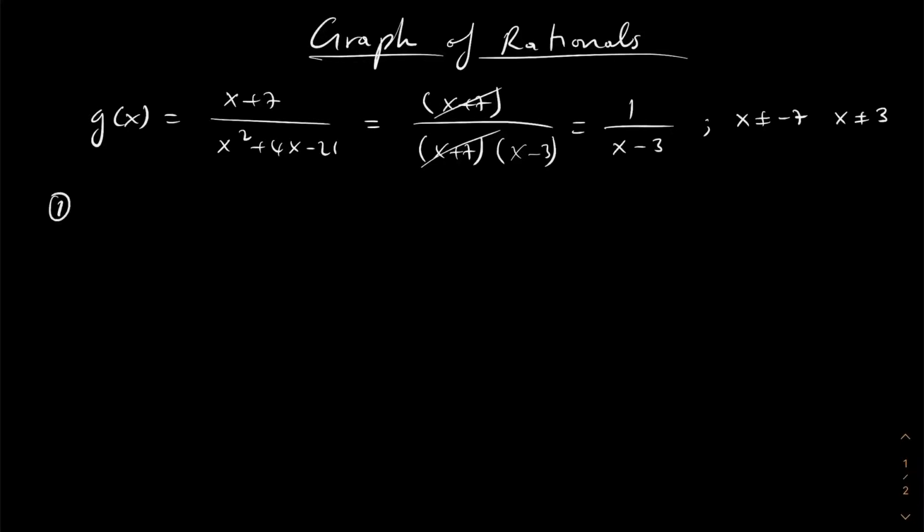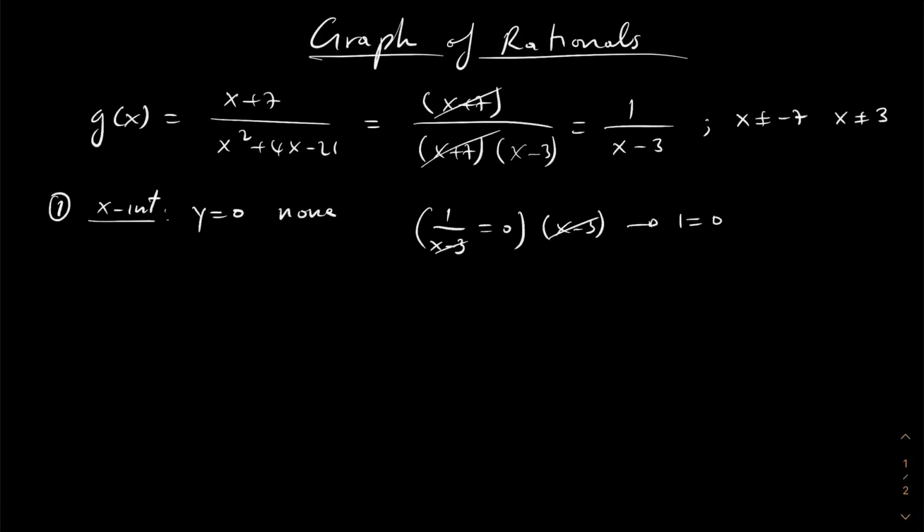So the first thing to do is to find the x and y intercepts. I'm going to have my x-intercept here, y equals 0. And so if I set this function equal to 0, I'm going to have 1 divided by x minus 3 equals 0, which, multiplying both sides by the denominator, is going to cancel it out and give me 1 equals 0, which is impossible. So in this case, you do not have any x-intercept.